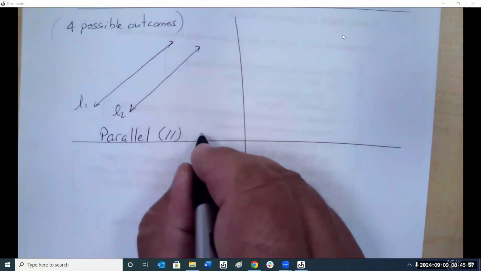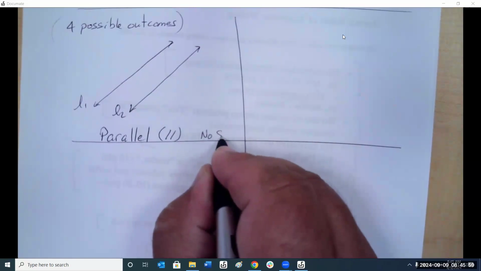In other words, I could say 2 lines are parallel if blah, blah, blah. So it'll save you some writing time. We haven't talked about this yet. It'll come later, but since these lines will never cross because they're parallel, they have no solutions. We'll talk about solutions in another section.